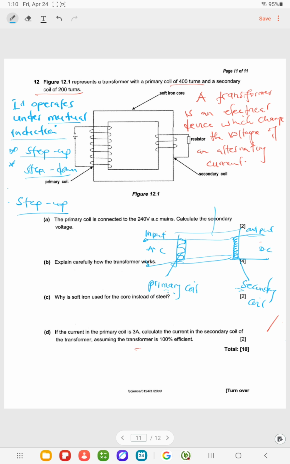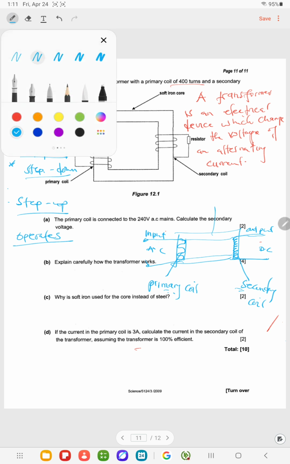Then from here, we need to look at the operation of a transformer. How does this transformer operate? Since we said a transformer operates under mutual induction, we are going to look at what we mean by mutual induction. The concept of magnetism now comes in.